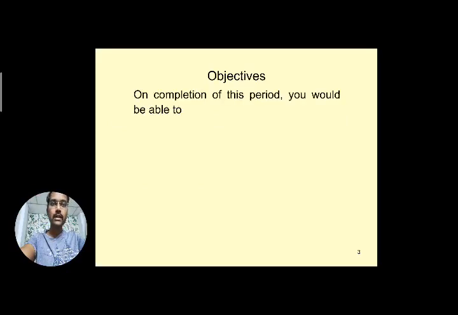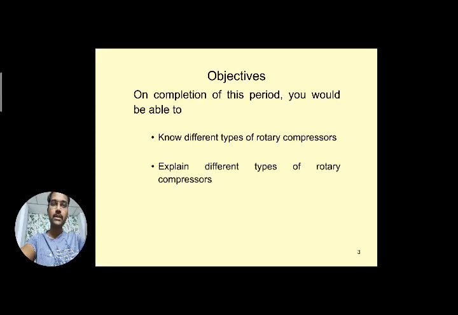After the completion of this video lesson, you would be able to understand what a rotary compressor is, what the different types of rotary compressors are, their construction, how they function, and how they compress the refrigerant entering the rotary compressor.